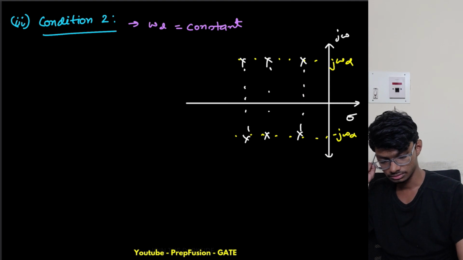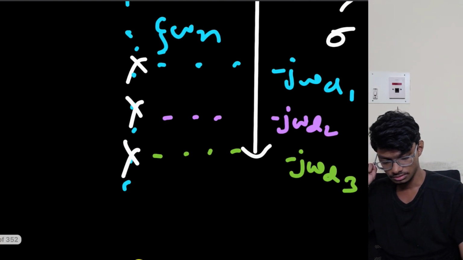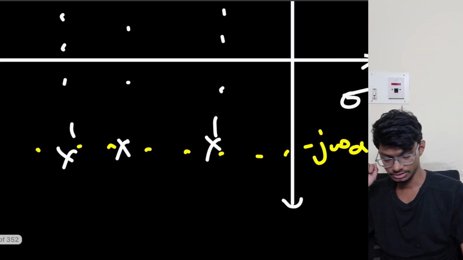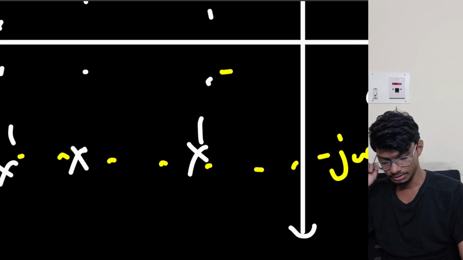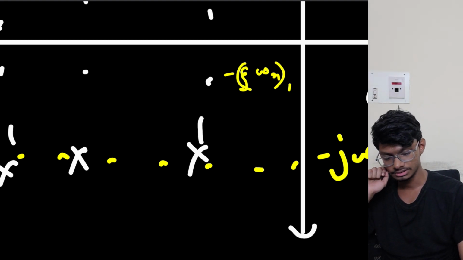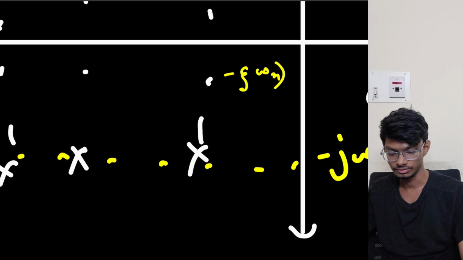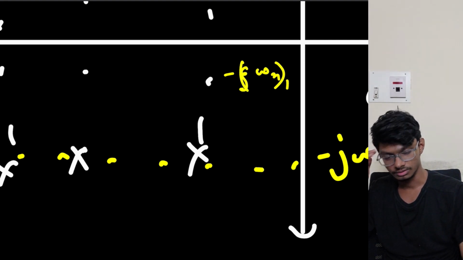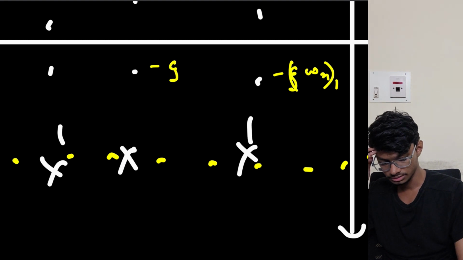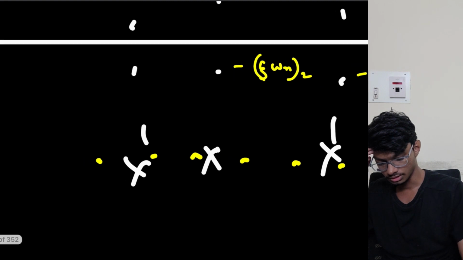This is minus zeta omega n 1 for the first one, this is the second, minus zeta omega n 2, and this is the third one.